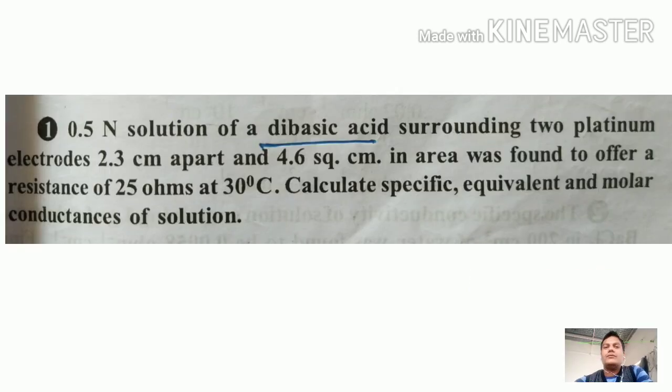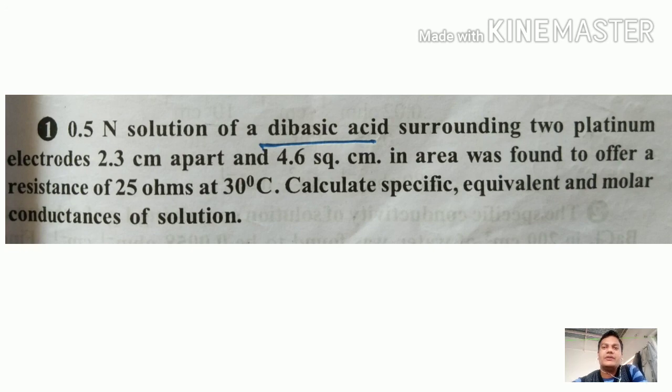Out of that we have considered the first one. So the first numerical. So numerical is given like this one. 0.5 normal solution of a dibasic acid surrounding two platinum electrodes 2.3 cm apart and 4.6 square cm in area was found to offer a resistance of 25 ohm at 30 degree.